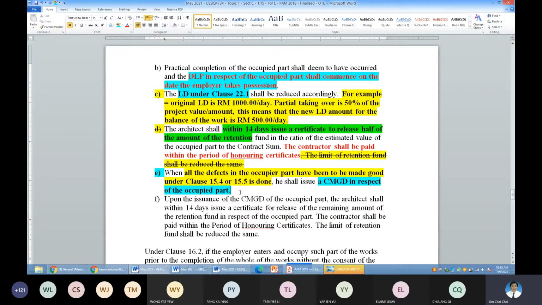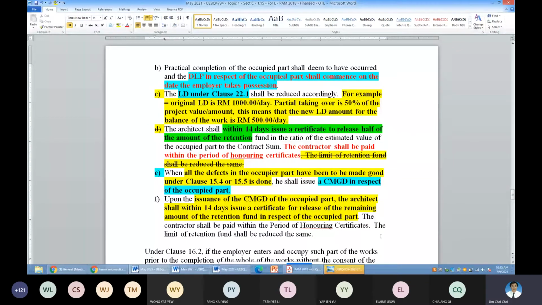How to operate the measurement, your defects, your CMGD, and so on, just apply the concept as per the original contract. You will be very, very safe. So once the CMGD is issued, then the 50% of the balance of the retention sum must be released.